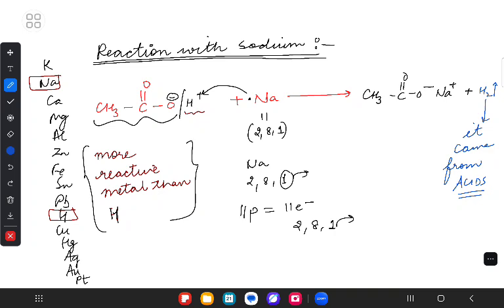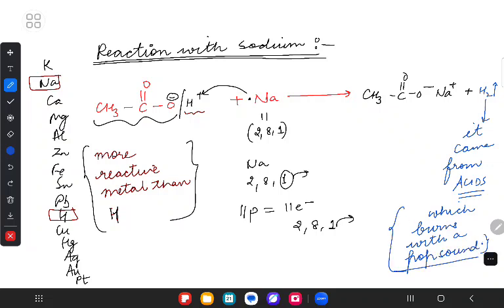I hope you're understanding that when we have this reaction with sodium, hydrogen gas is released, which burns with a pop sound. Are we understanding or not? Got it? So that's the idea we have.